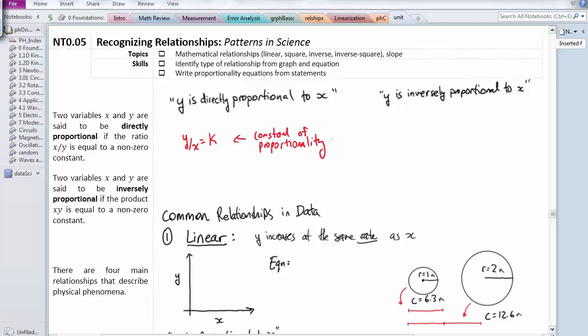So if the ratio of some variable y to x is a constant, we say that y is directly proportional to x. Symbolically we say y is proportional to, kind of a funny symbol, x.